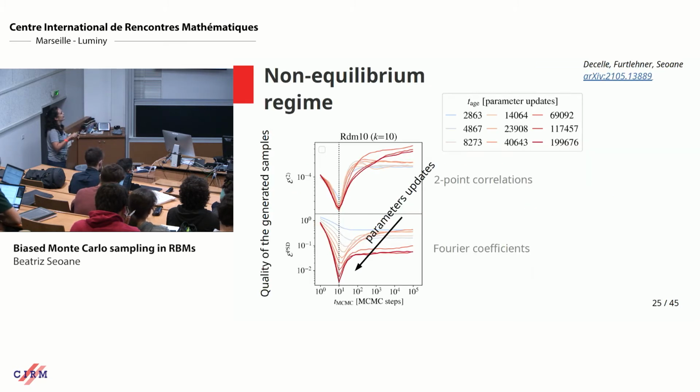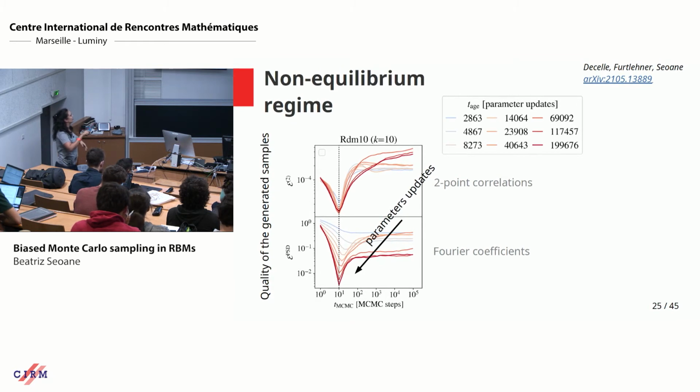We also tried to quantify a bit the idea that I was showing you before. So we introduced in the paper, and we have a lot more in the poster, several observables that try to measure how good the samples we are creating are. In particular, for instance, we can compare the two-point correlations between the original dataset and the dataset we are generating.